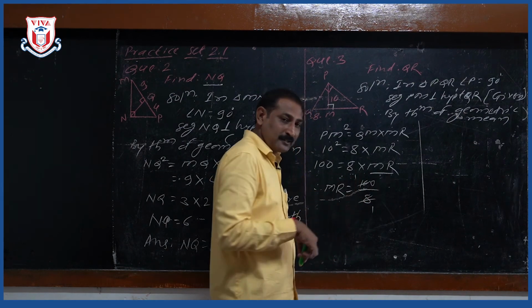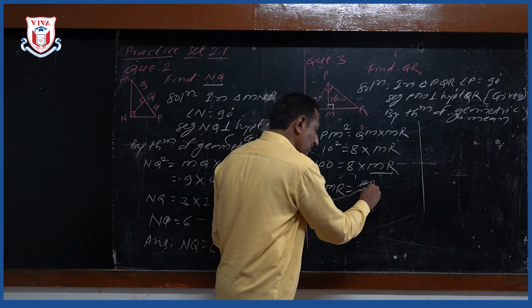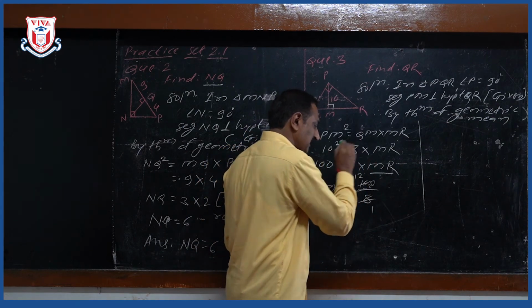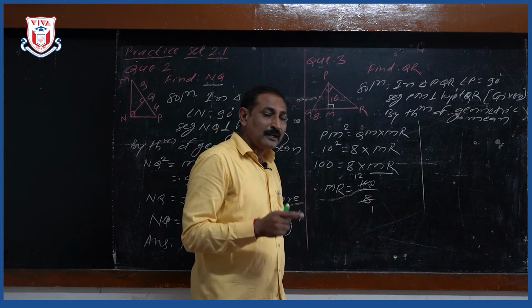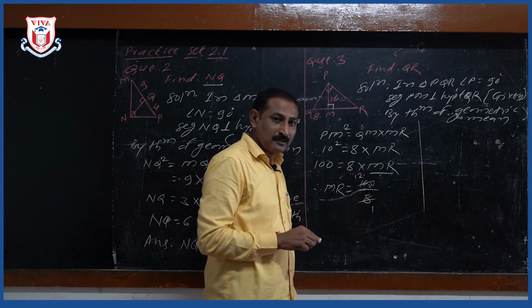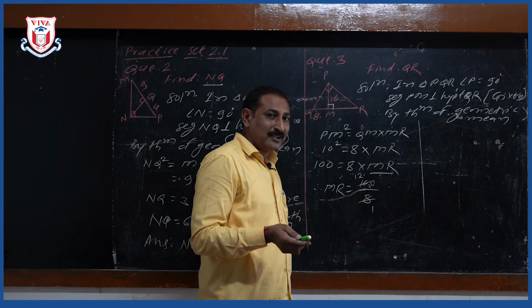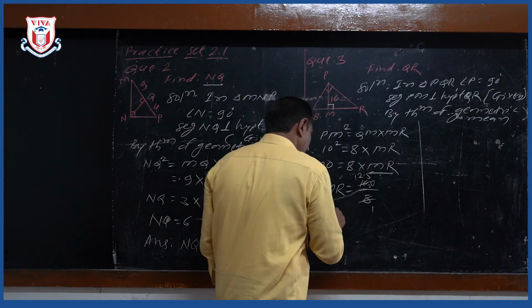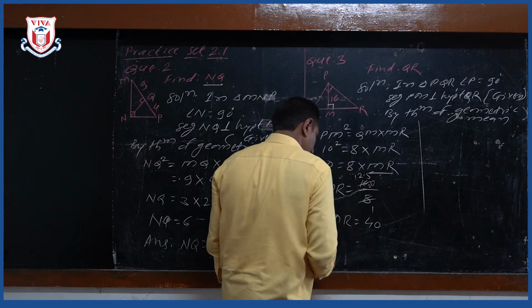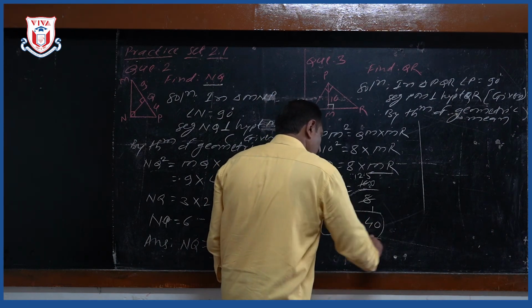How many remain? 2. Means 20. 8 twos are 16. 20 minus 16 is 4. Decimal point. 8 fives are 40. Therefore MR is equal to 12.5.